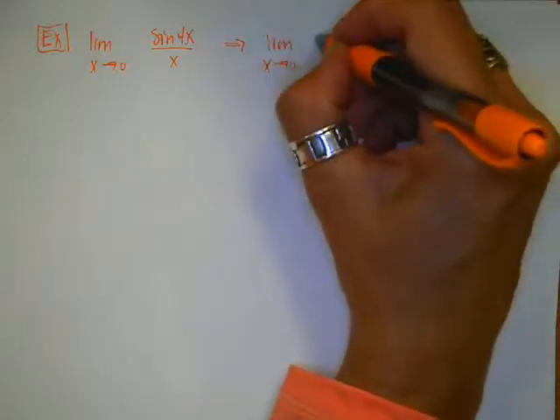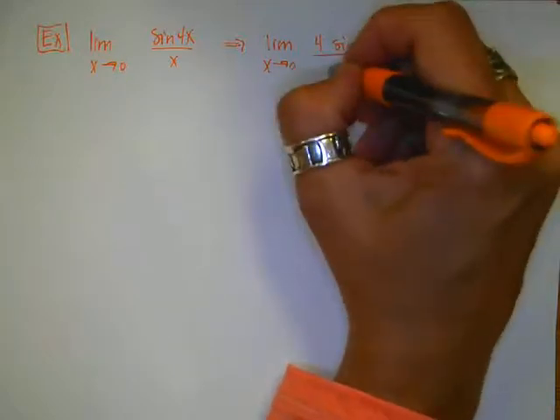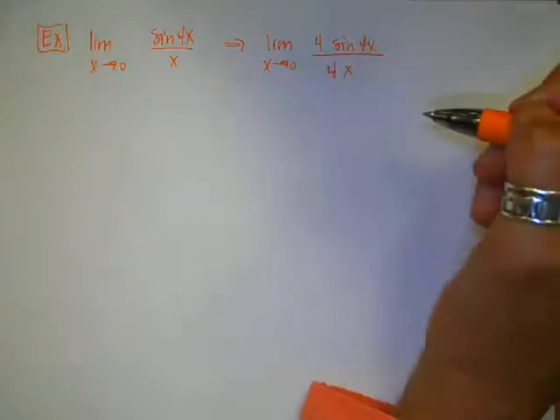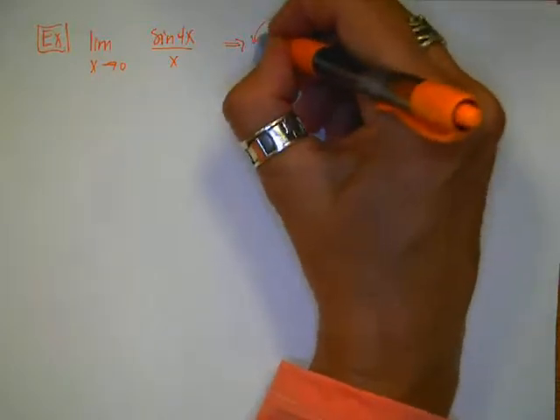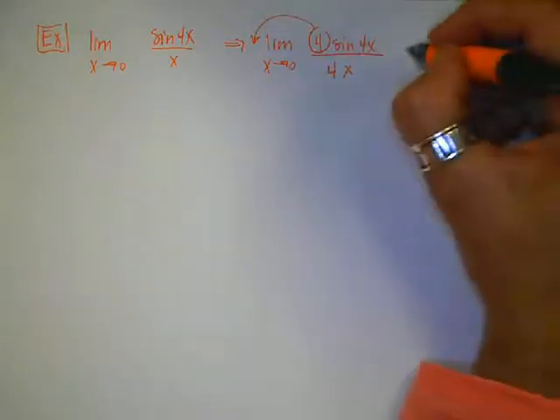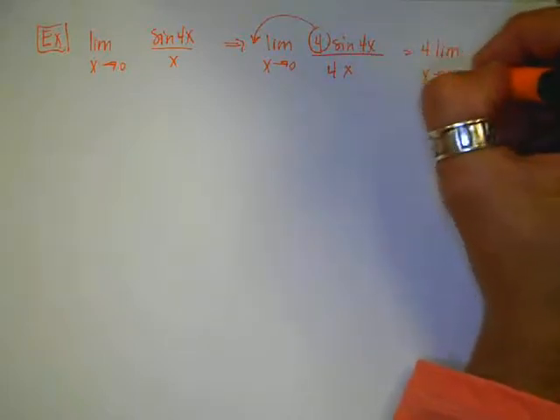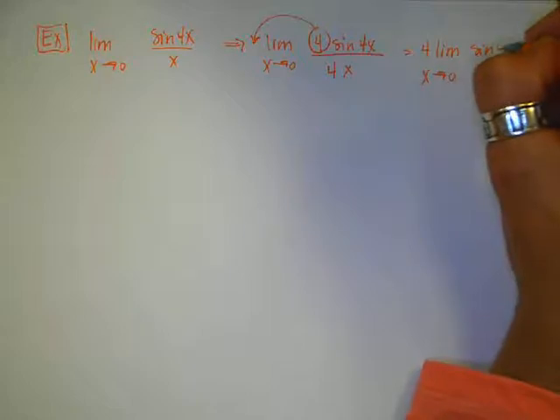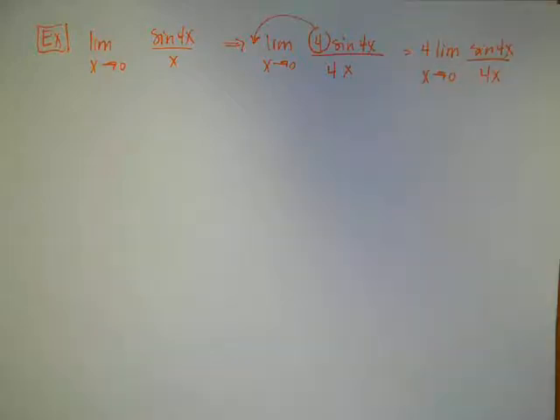A constant, if you'll remember, gets to come out front. So this is 4 times the limit as x approaches 0 of the sine of 4x over 4x. And it looks very similar to the last problem in that I have a sine of x over x, but what I'm going to do is let y equal 4x, so I'm going to rewrite it.